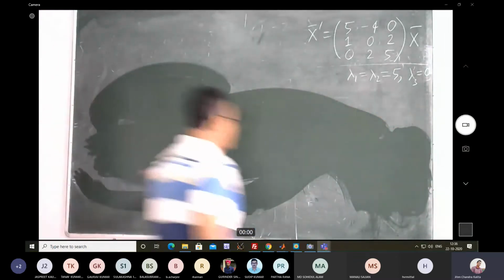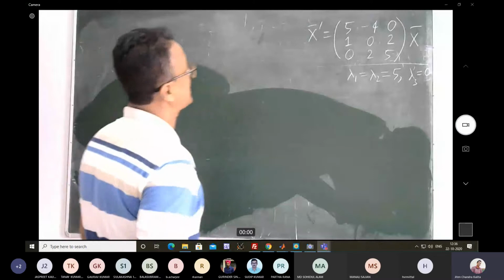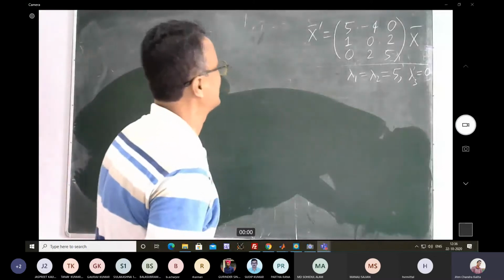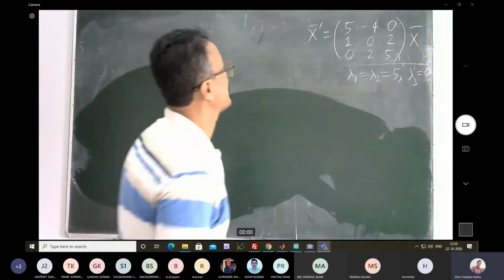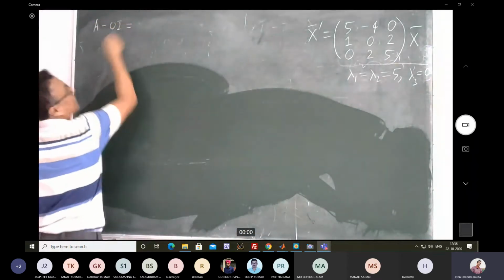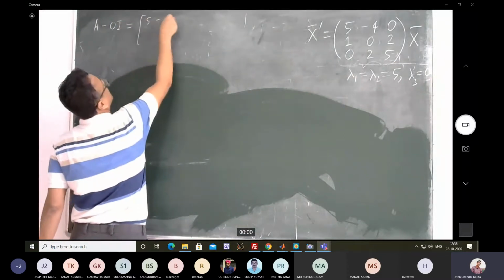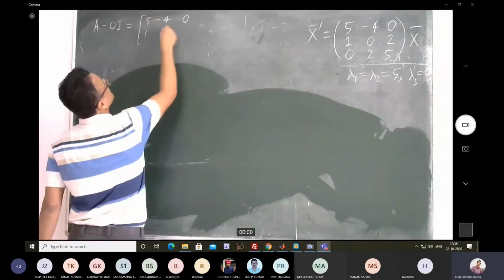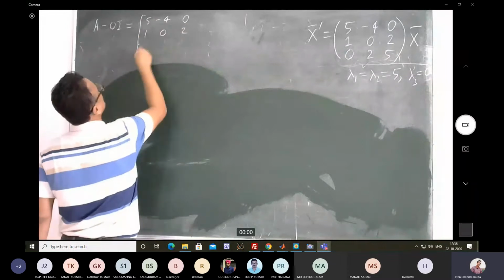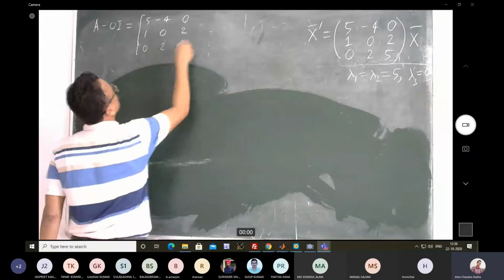Let us do the easier thing first, and after that I will move to the difficult part. So A minus lambda I, that means A minus 0I itself, is nothing but this one, right? So basically I have A minus 0I, that is 5 minus 4 0, 1 0 2 and 0 2 5.